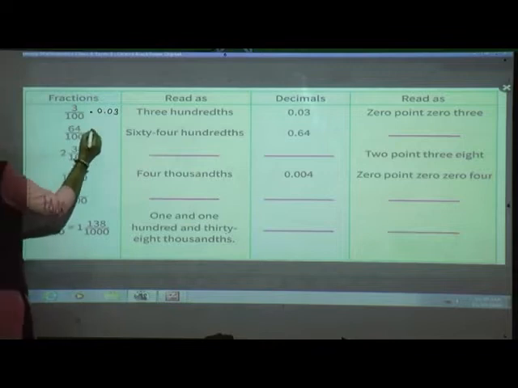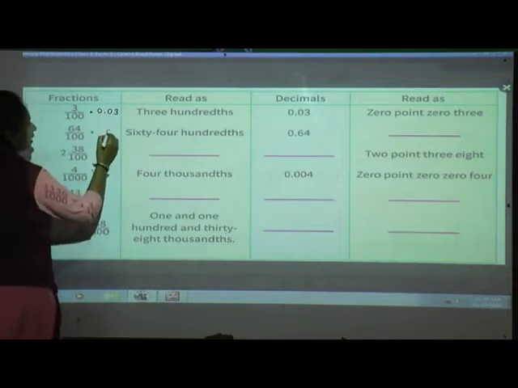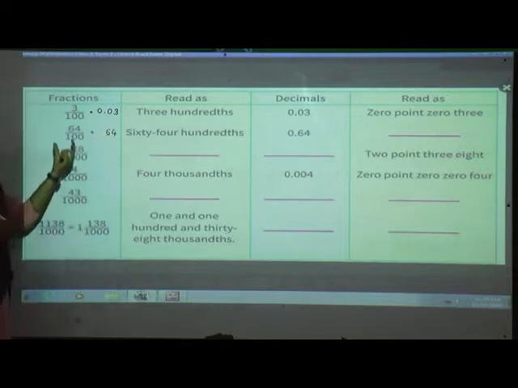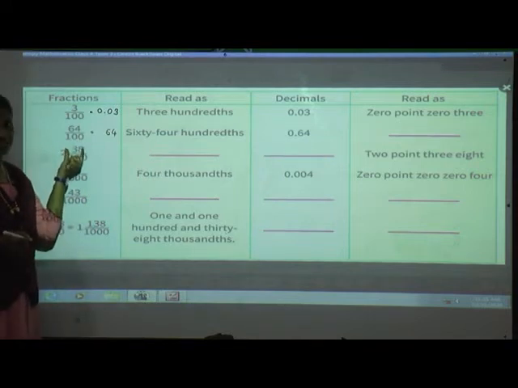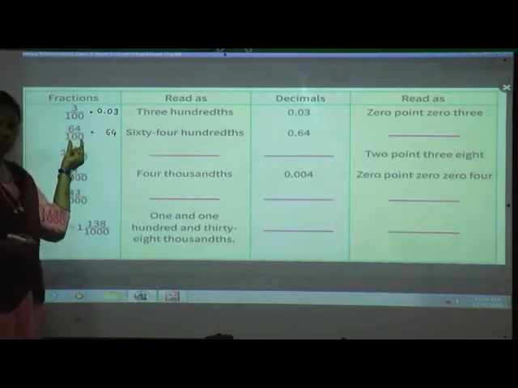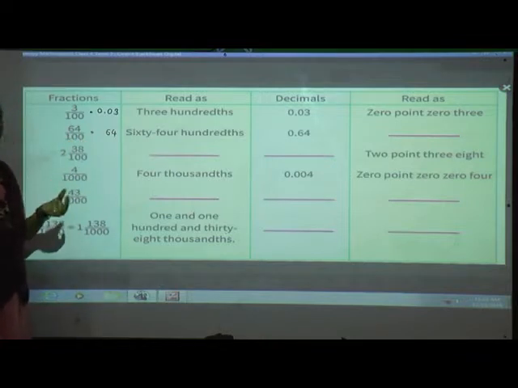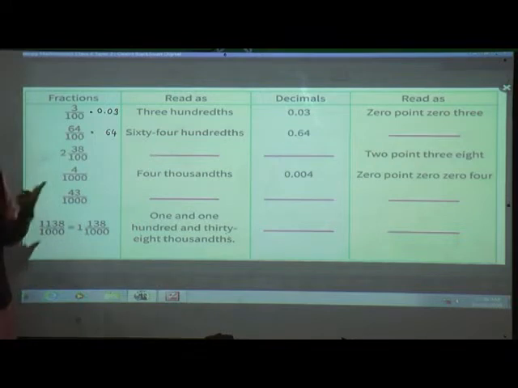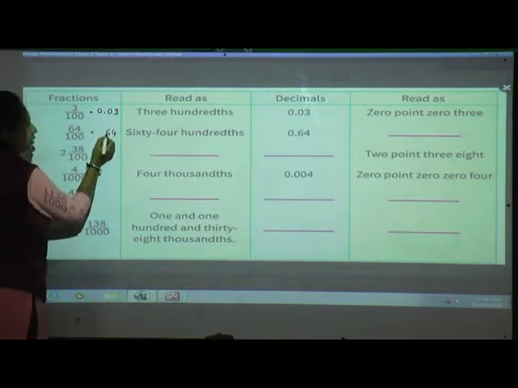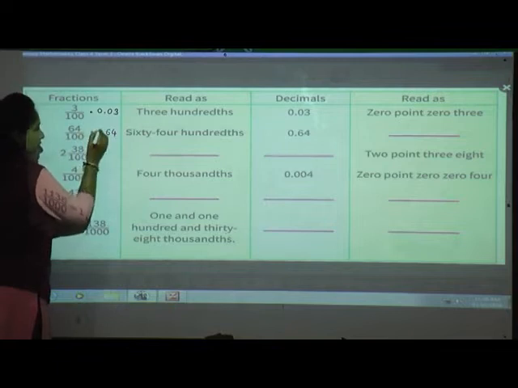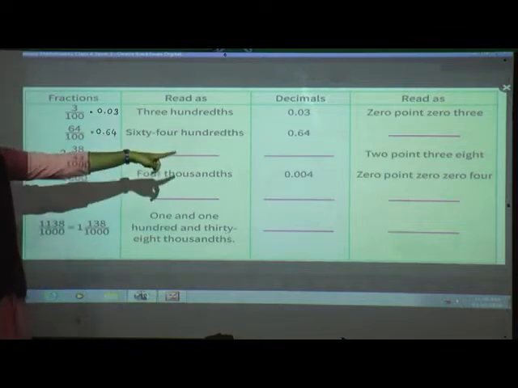Now see what about this? Write the numerator as it is, then see the number 100, 1 is followed by 2 zeros. So we give the decimal point after 2 digits, and 0. See, is it correct?